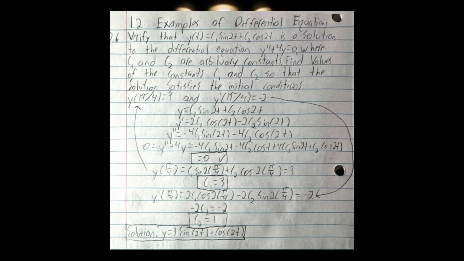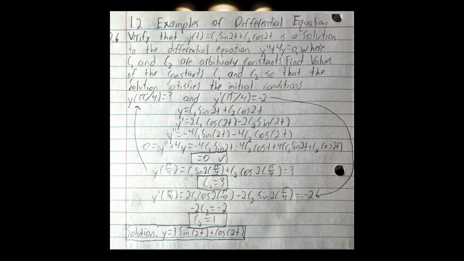Find values of the constants c1 and c2 so that the solution satisfies the initial conditions y of pi over 4 equals 3 and y prime of pi over 4 equals negative 2. This problem is actually quite easy. It may sound confusing at first, but we will work through it.